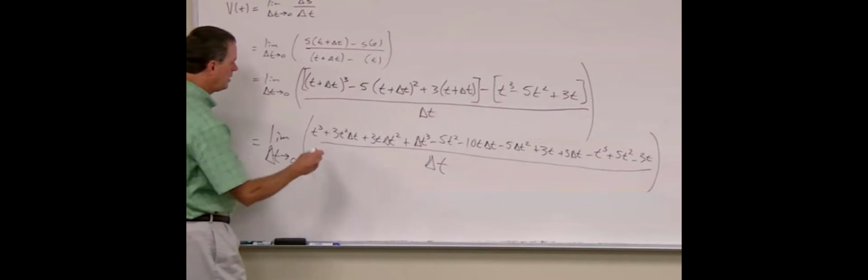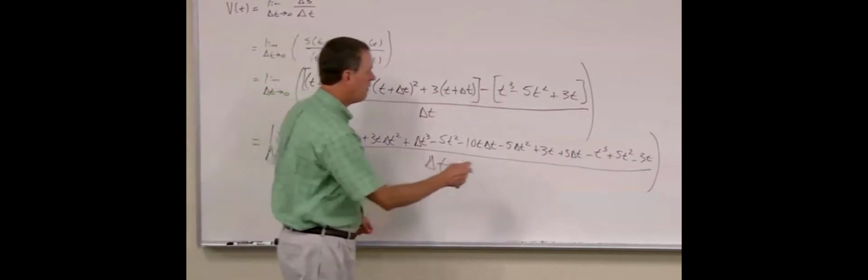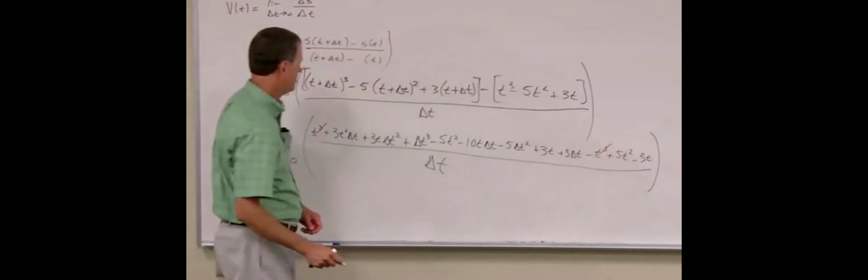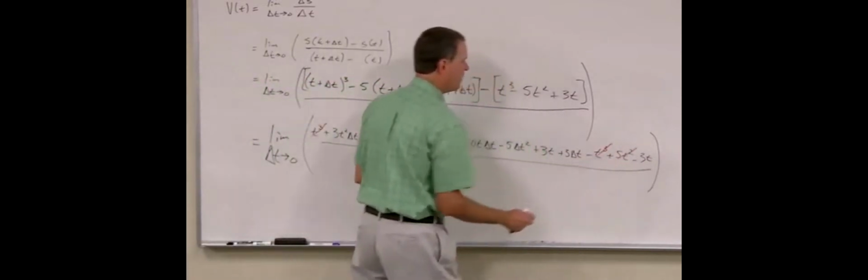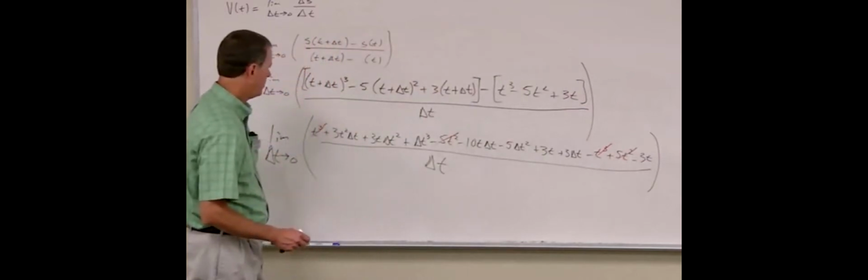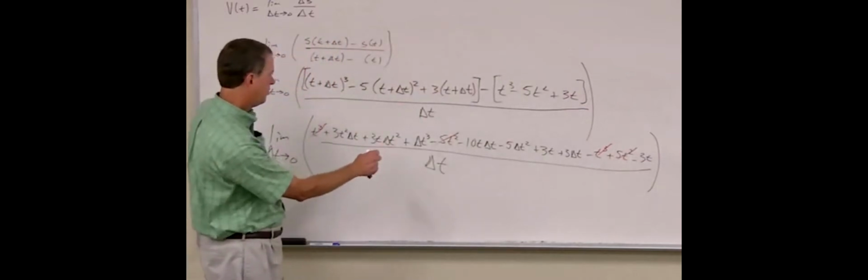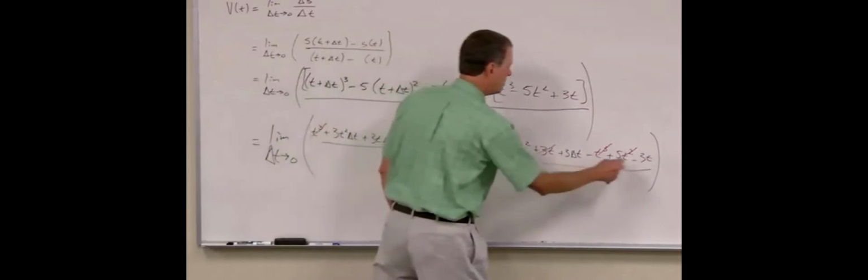And then you've got t cubed here and a minus t cubed there, and minus 5t squared and a plus 5t squared, and you've got a 3t that cancels.